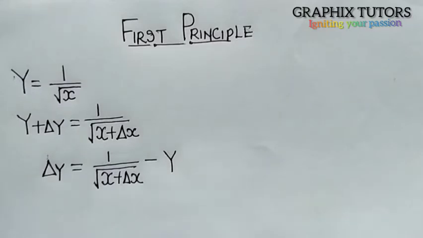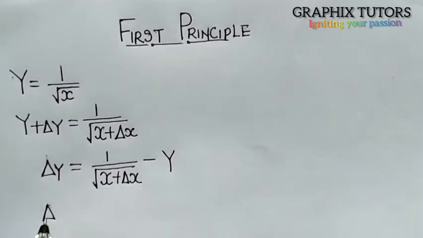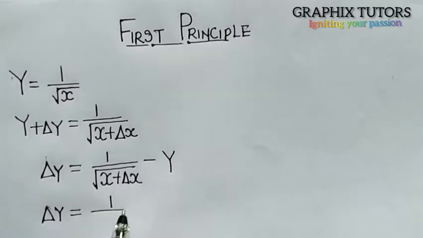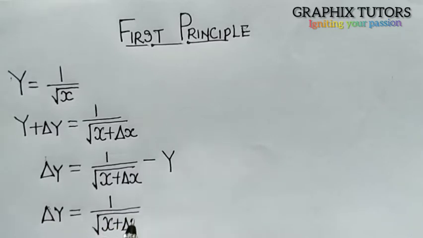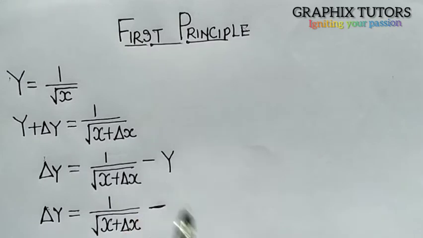Now, if you look at this very well, you write this again by saying my delta y, right, is equal to 1 all over the square root of x plus delta x, right, minus, now what is y?